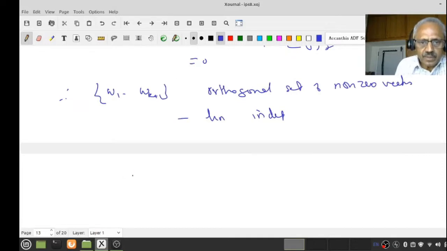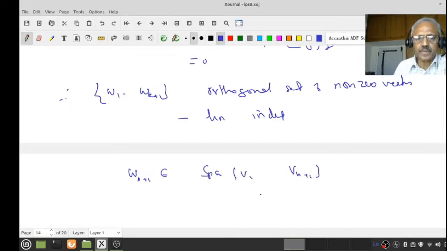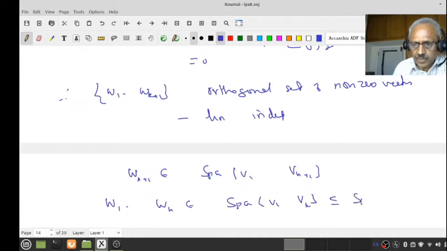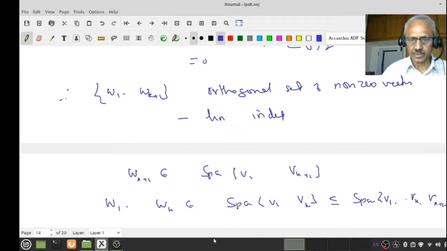Now again notice that wk plus 1 lies in the span of v1 to vk plus 1, and w1 to wk lies in the span of v1 to vk, therefore it lies in the span of v1 to vk plus 1, right? Therefore what do you think I have proved?